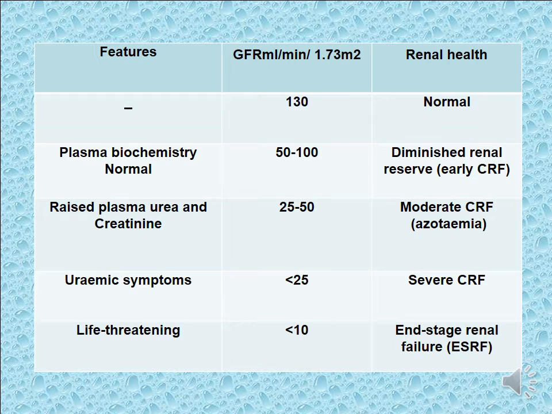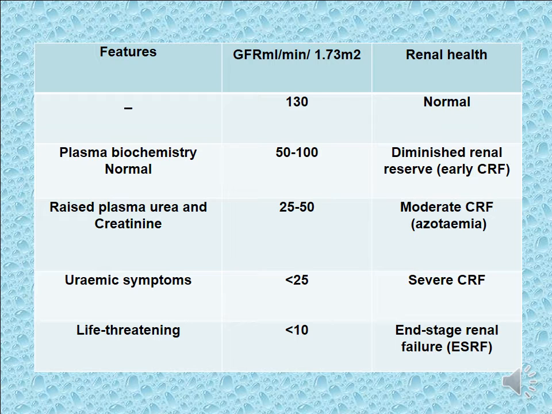The glomerular filtration rate and renal health. In normal health, there is no problem in the kidney, and the glomerular filtration rate is about 130. Plasma biochemistry is normal. When the glomerular filtration rate is 50 to 100, there is diminished renal reserve, early chronic renal failure.